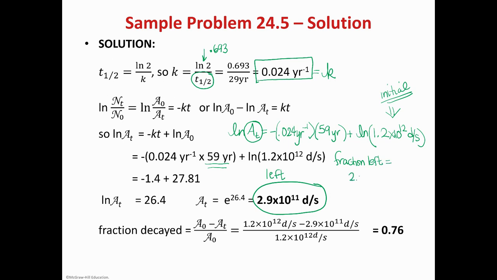So that should equal 0.24. And then the fraction that was decayed would be 1 minus 0.24, which should be 0.76.